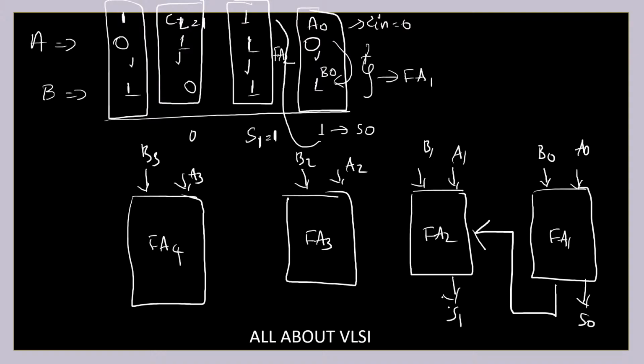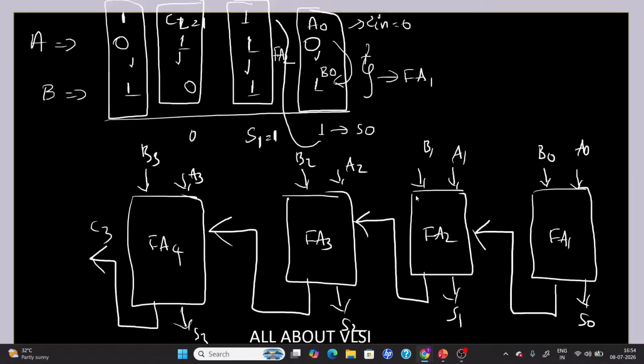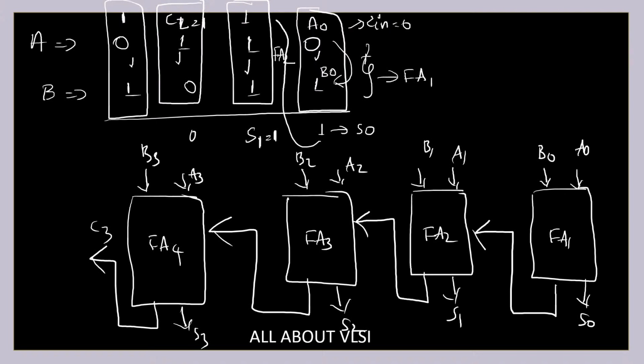And here I'm going to get S1, and the carry is going to be given to the next stage, S2 and C2 and S3 and C3, right? So this is how my circuit is going to look like for adding only 4 bits.